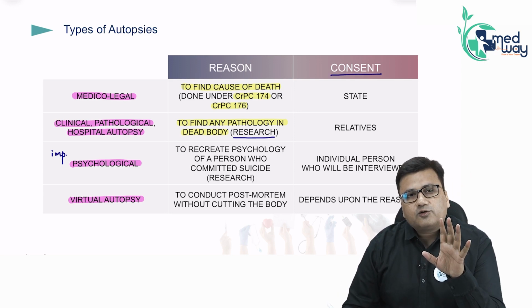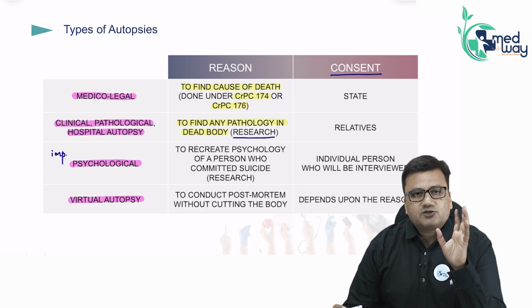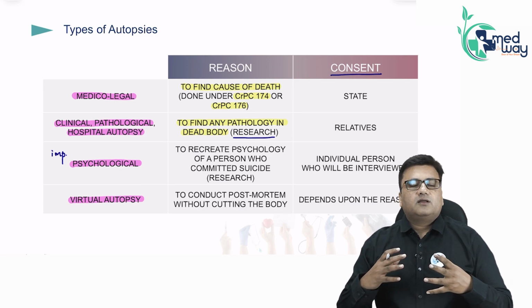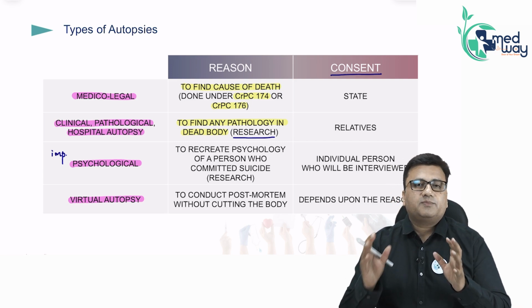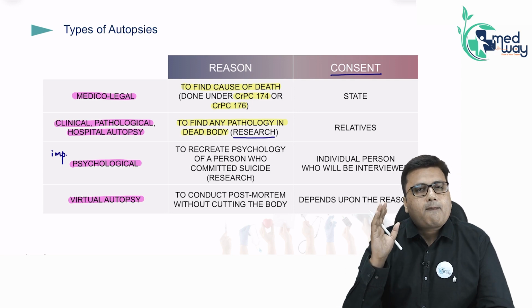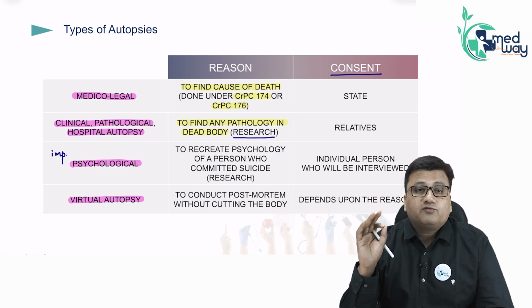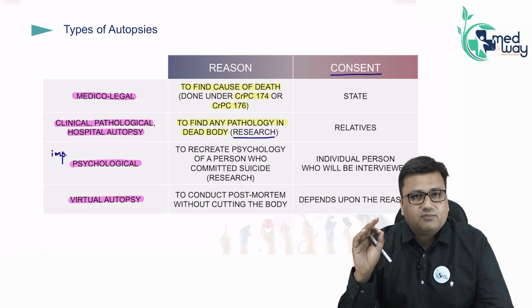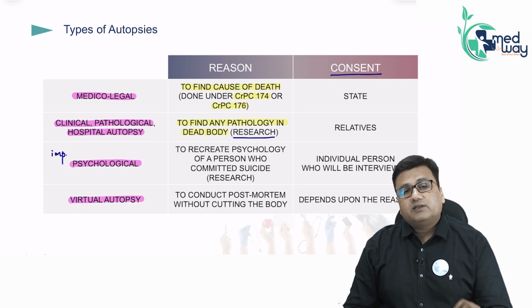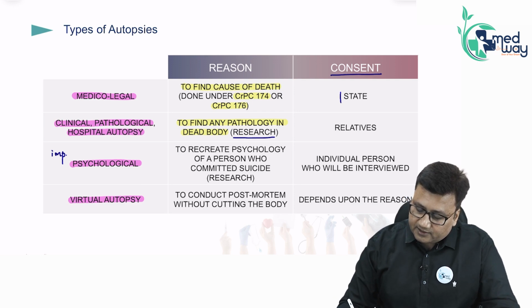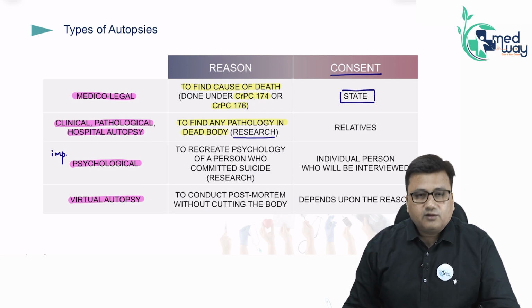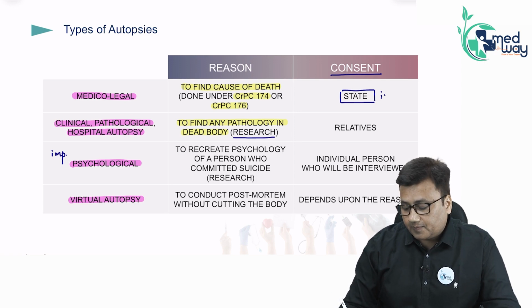See, in medico-legal autopsy, the cause of death has to be found because an inquest is going on under CRPC 174 or CRPC 176, and the state wants to know the cause of death because the state believes that it could be an unnatural death because of any crime. And so, the consent for autopsy comes from the state.